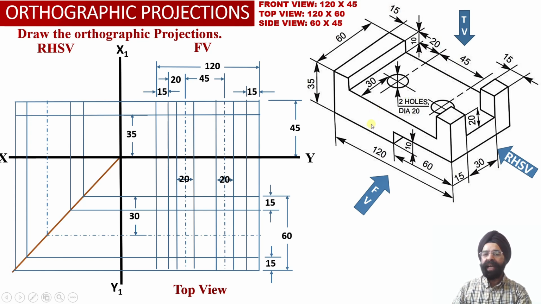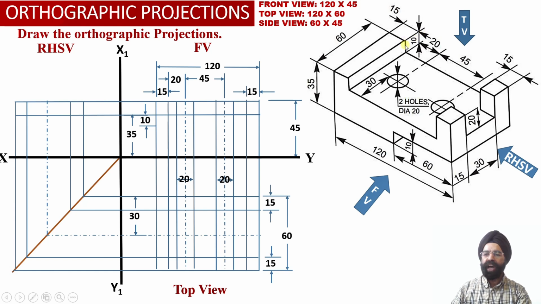Another thing we know is that at a height of 25 millimeter, we have the top surface of this horizontal web, which happens to be our element number 1 over here. So corresponding to the horizontal web or element number 1, we have marked this distance of 10 millimeter from the top face over here.